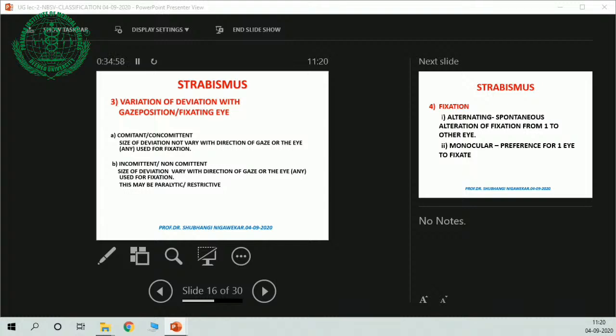Now see, I'll first read it for you. The size of deviation does not vary with the direction of gaze or the eye used, whether right eye or left eye for fixation. Now what is the meaning of this? This is very important. This is the parallel position, no squint, but here there is a squint.